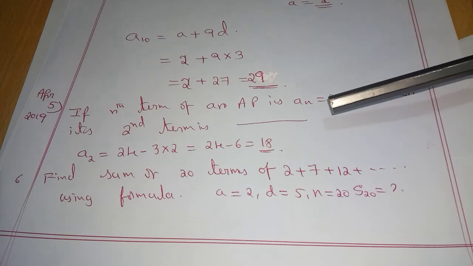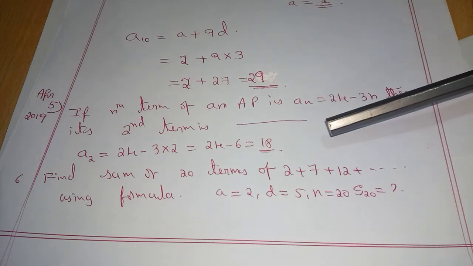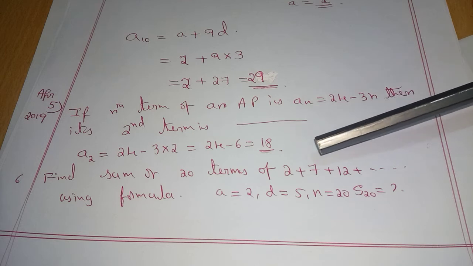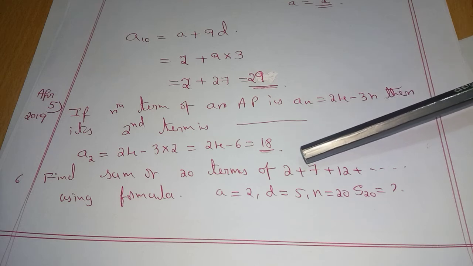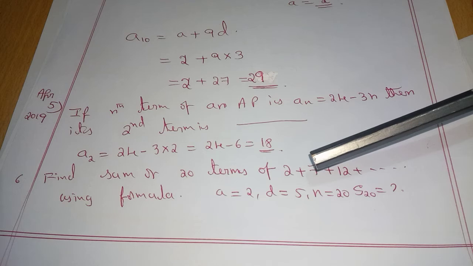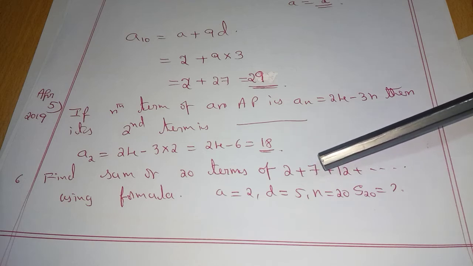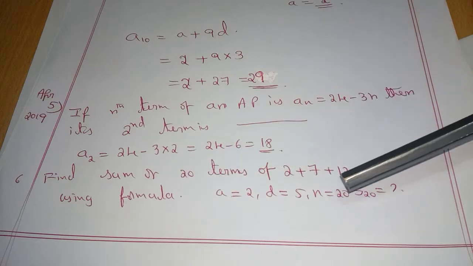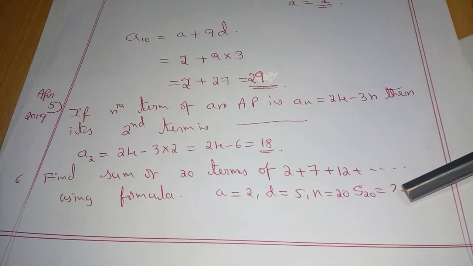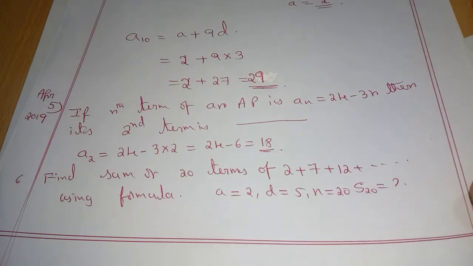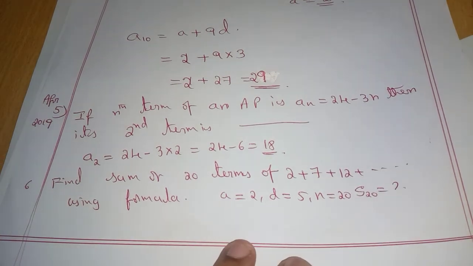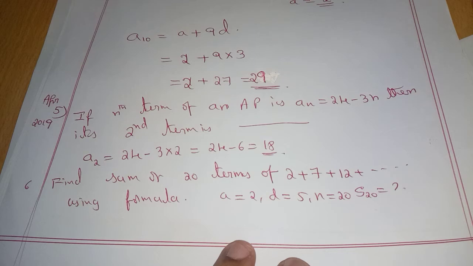What are given, right? A is equal to 2. D is equal to 7 minus 2, how much? 5. How many terms? 20. What you have to find? Sum of 20 terms. S20 is equal to how much?